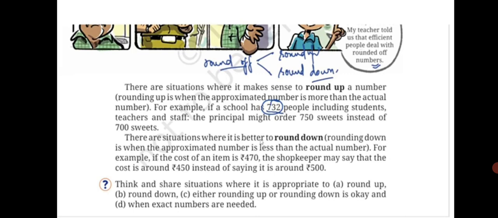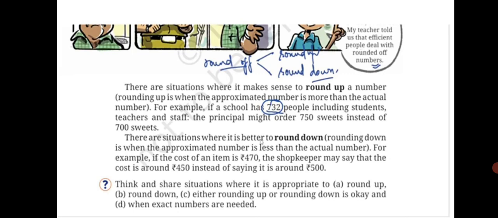For example, if the cost of an item is rupees 470, the shopkeeper may say that the cost is around 450 instead of saying it is around 500. So here you can easily understand the concept of round up and round down.